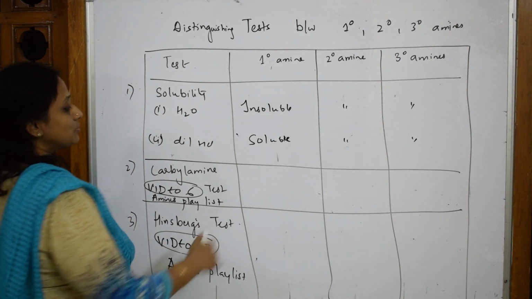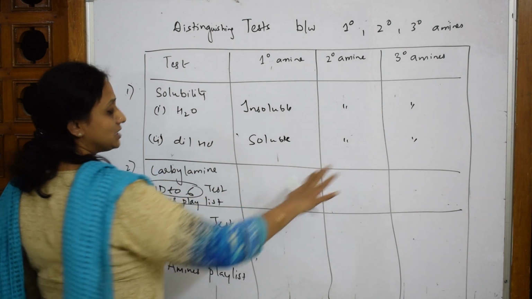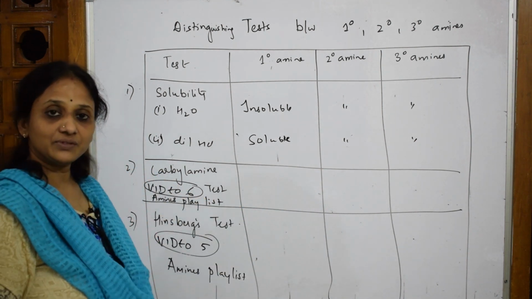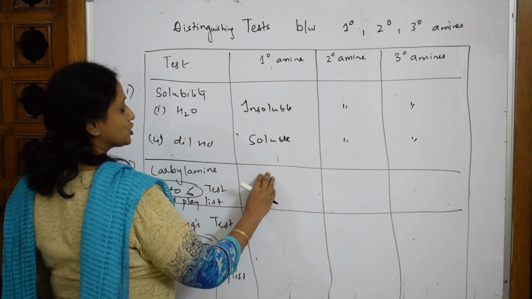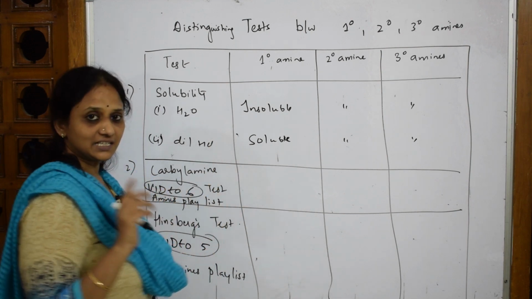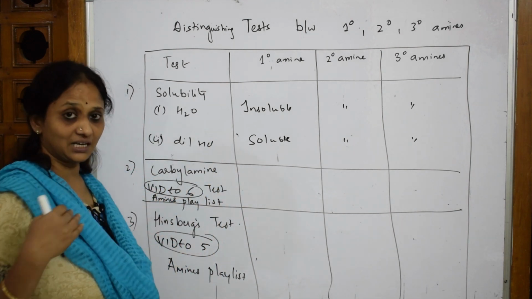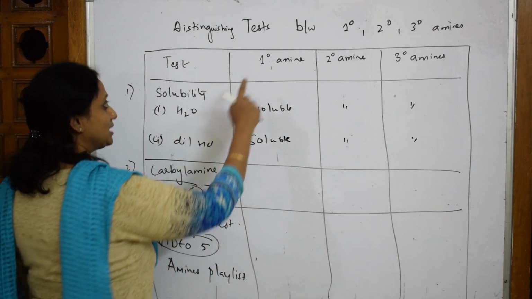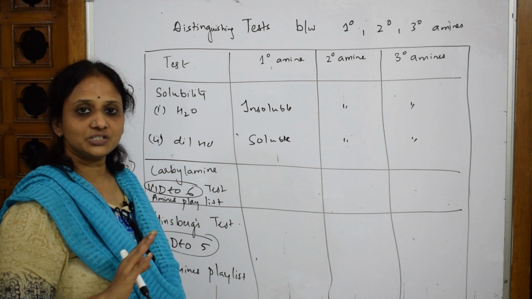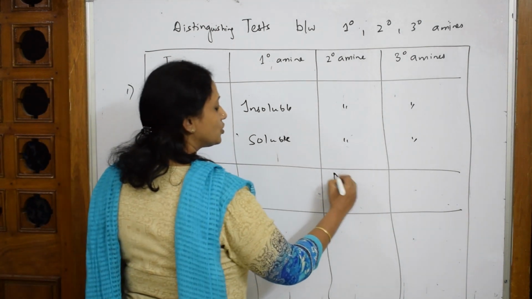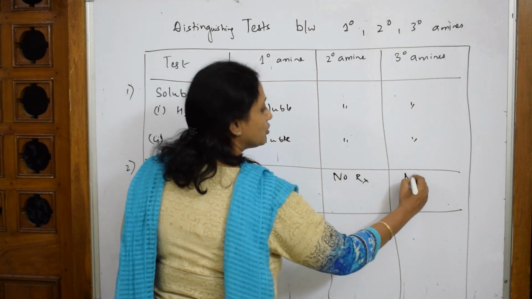Now when I have to speak about primary amine, secondary amine and tertiary amine, carbylamine reaction: it is going to form methyl isocyanide with an offensive smell. It is a basic test for primary amines only. Secondary and tertiary will not show the test, so no reaction and no reaction.